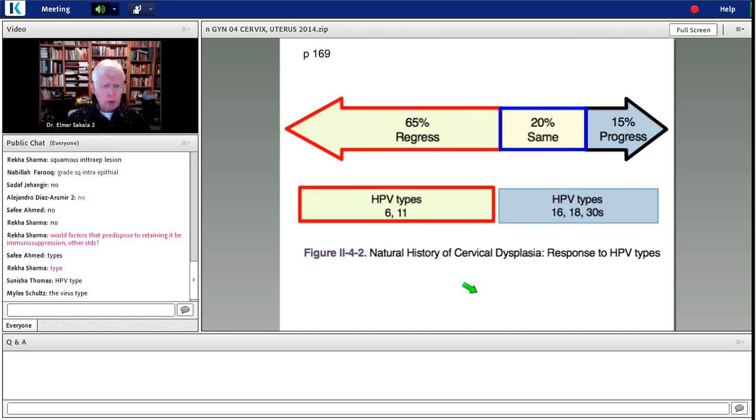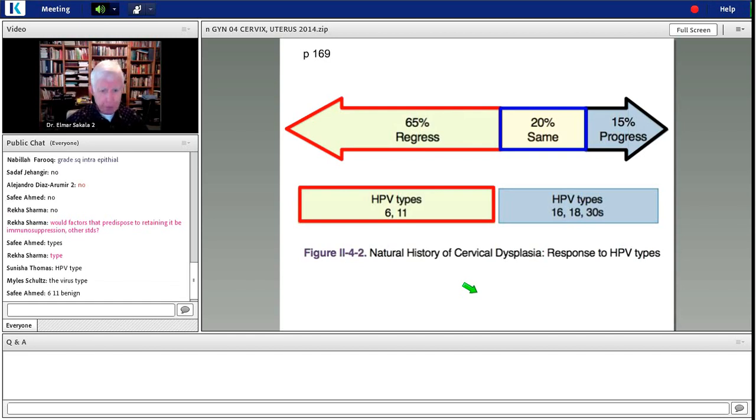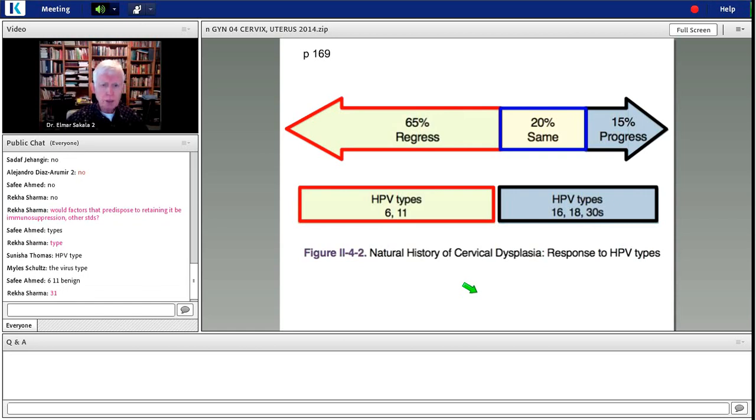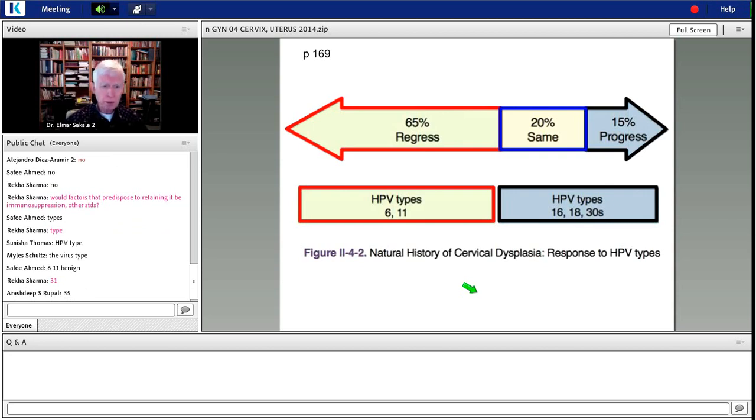The benign, which will usually regress, is the HPV DNA type 6 and 11. The types which are concerning that can go on and progress would be HPV DNA type 16, 18, 31, 33, 35, and so on. Okay? So there is a point at which the HPV DNA can be helpful in sorting out an abnormal finding. Does it lean to a regression modality or does it lean to a worsening?